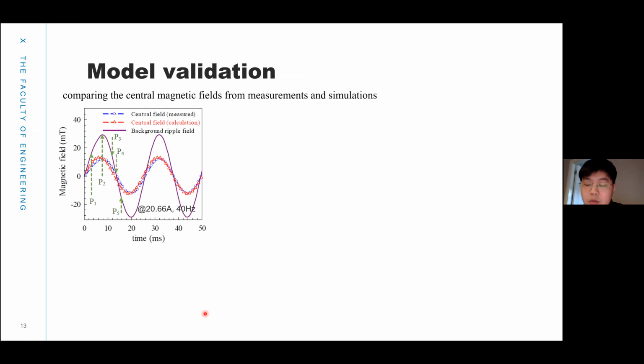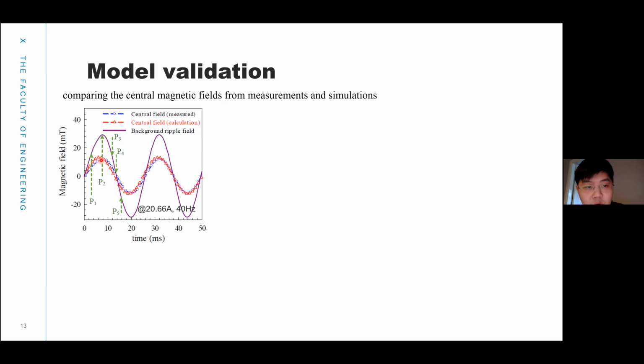Here is the result of the model validation. We're comparing the central magnetic field from the measurement and simulation. The purple line indicates the background ripple field generated by the copper coil.